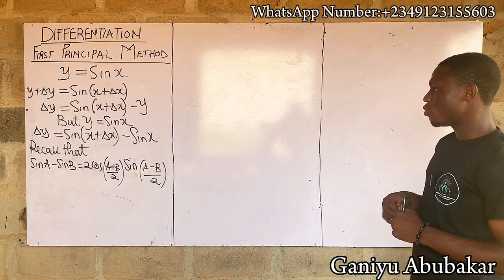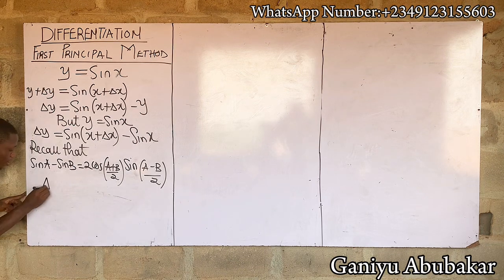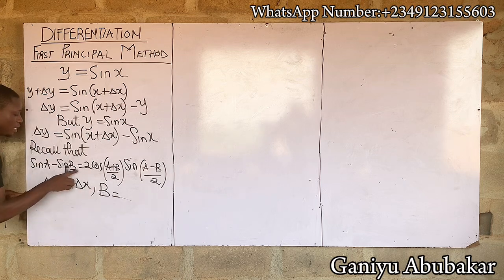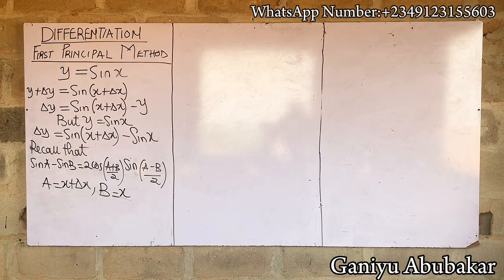So from here, what do we get? Let's get our A and B. What's your A? A is x plus change in x. B represents what? x. I'm comparing, please. So for me, what do you get from here?